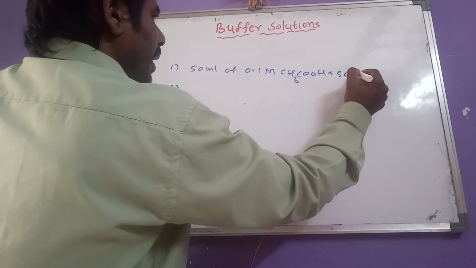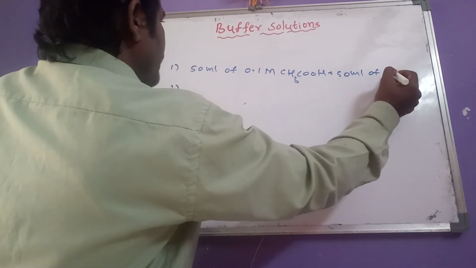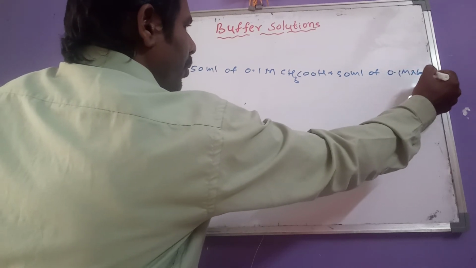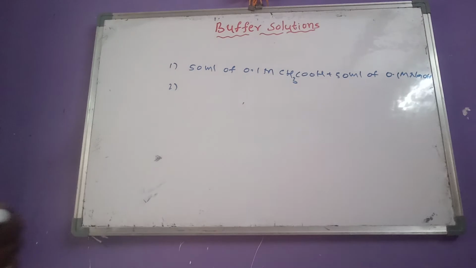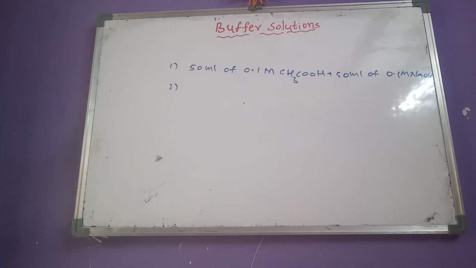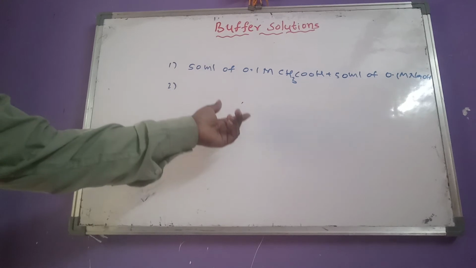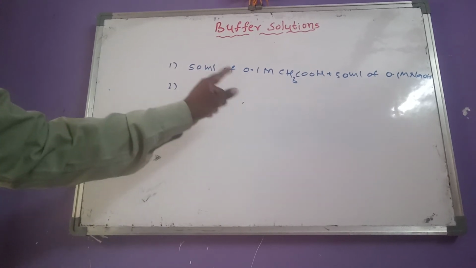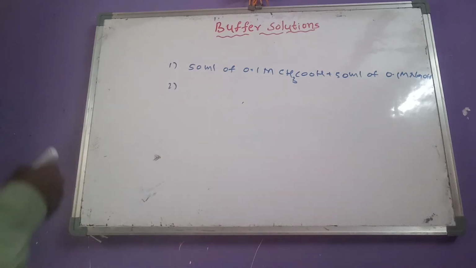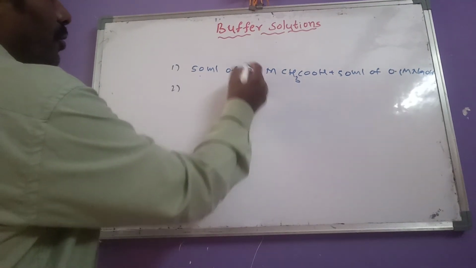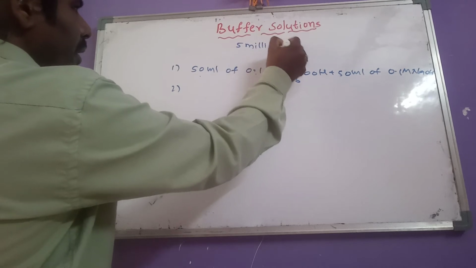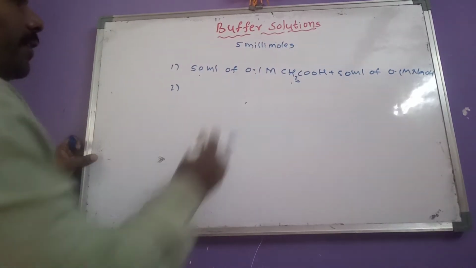So 50 ml of 0.1 M NaOH. Now let us see whether that mixture will give the acidic buffer or not. So we have to calculate millimoles. Millimoles means molarity into volume. That means here 50 into 0.1 means 5 millimoles of weak acid is given.